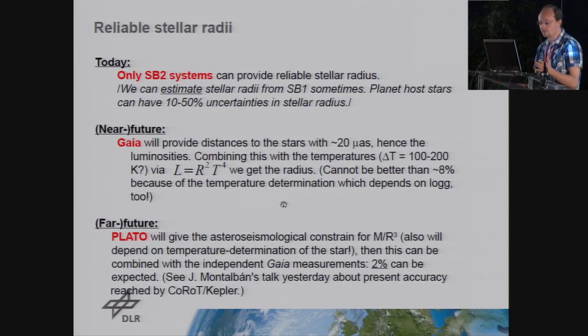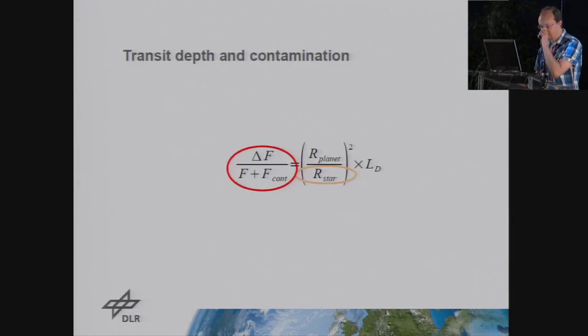But if we combine PLATO and Gaia data, then it is possible to reach 2% accuracy in the stellar radii according to the yellow book of PLATO. And yesterday we had a talk about the present situation in stellar masses and radii if we base it on astroseismological results. So the second problem is the contamination factor.